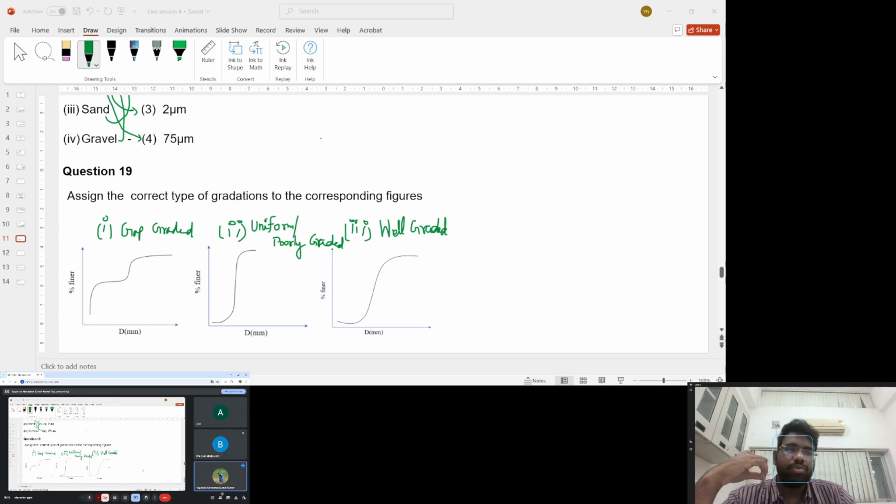An S graph typically represents a well-graded sand. So maybe it is some drawing issue, since it was done by hand. But the notion is to differentiate all the gradings. Thank you for pointing it out. We will correct it in the next session.